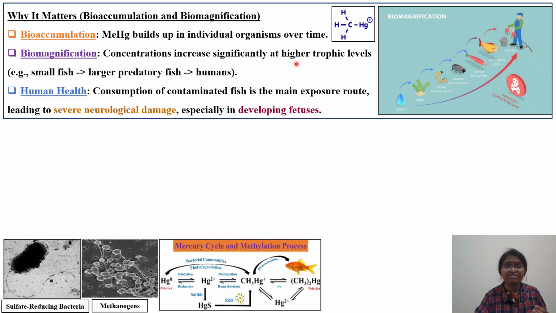Concentration increases significantly at higher trophic levels: small fish, larger predatory fish, followed by humans. Human health: consumption of contaminated fish is the main exposure route, leading to severe neurological damage, especially in the developing fetus, because it is able to cross the placental barrier. That's why it causes fetal toxicity and teratogenicity, right?